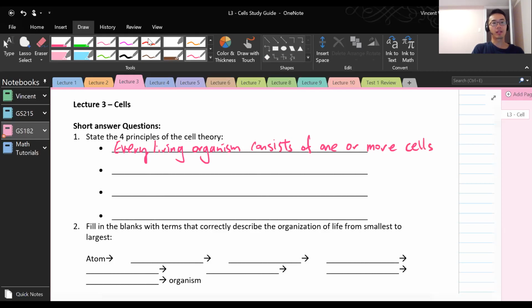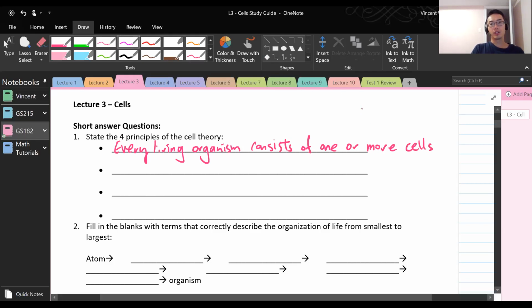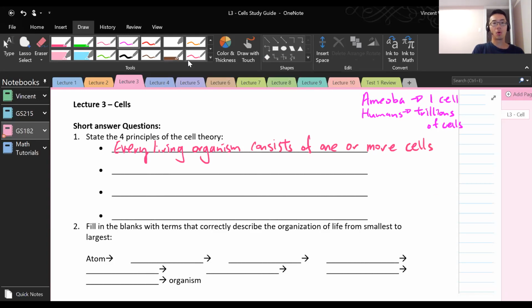If you think about humans, we have trillions of cells. And if you think about an amoeba, that's like one cell. So all organisms are made up of one cell or many cells.